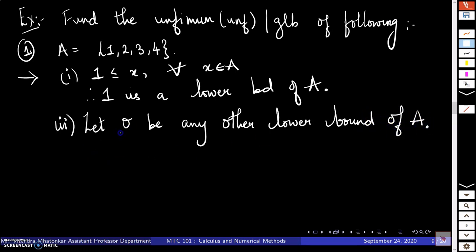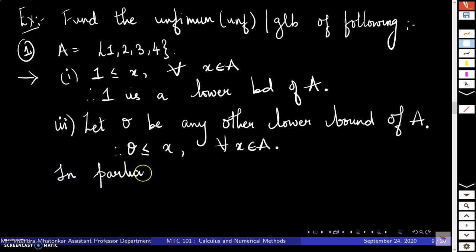Now, because theta is a lower bound, theta will be less than or equal to all the elements of the set A. Correct? So theta is less than or equal to x for every x in A. And in particular, 1 is also an element in A, so theta must be less than or equal to 1.